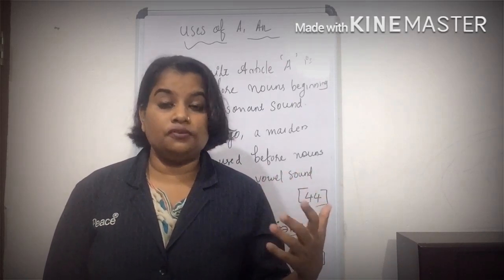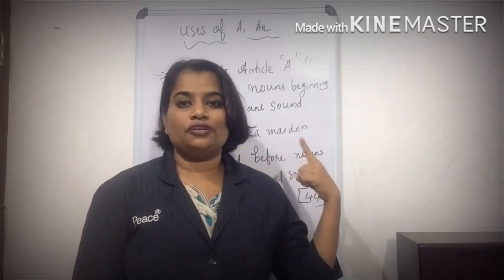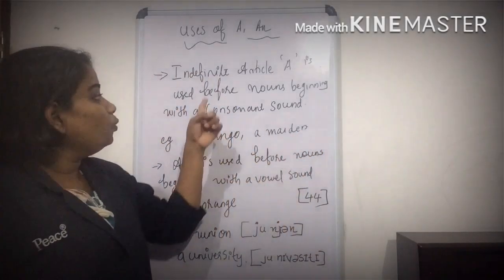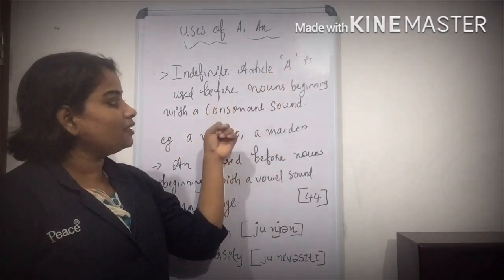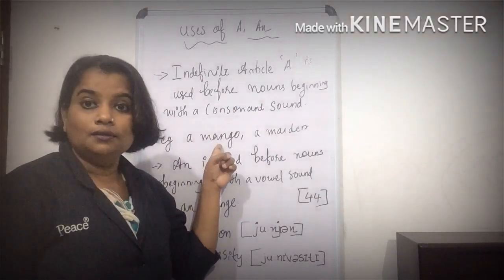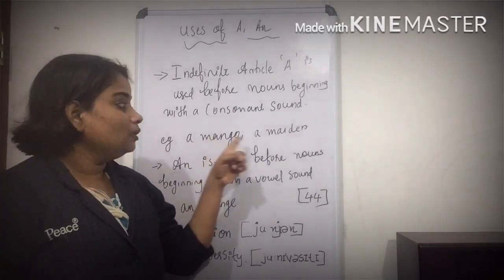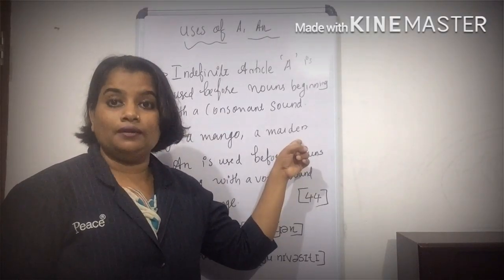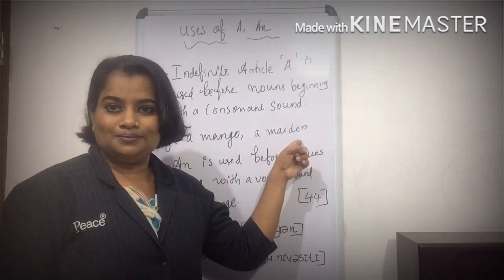That will be more useful for you. We need to focus here on the consonant sounds. We use a before the consonant sound: a mango, m sound, a mango, a maiden, a nail, a pen, a book.